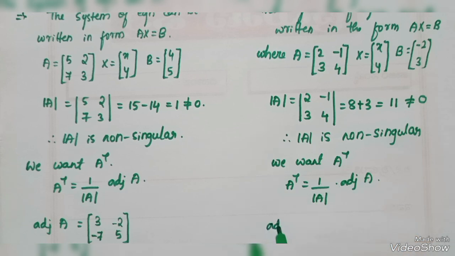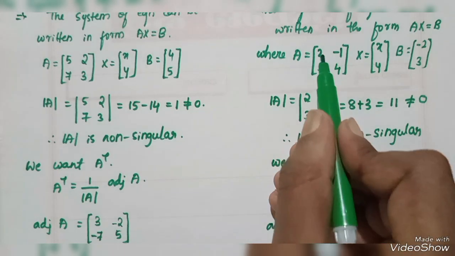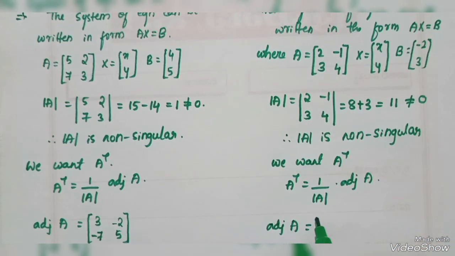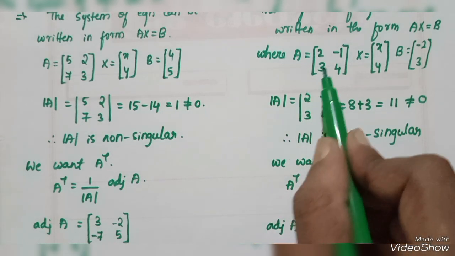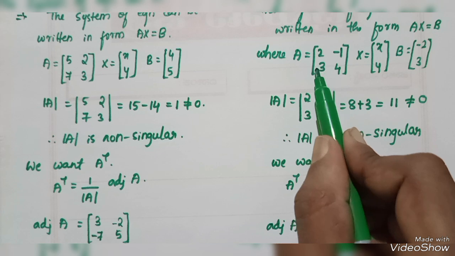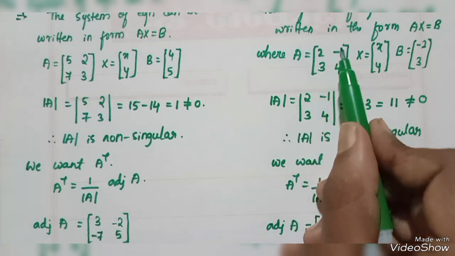Here, the adjoint of A is obtained by interchanging the diagonal elements, that is 4, 2, and changing the sign of the non-diagonal elements, that is -3 and +1. Multiply by minus, it becomes -3; here minus into minus is plus.